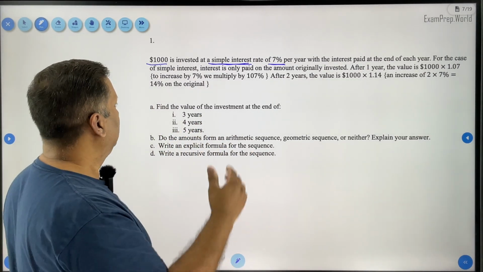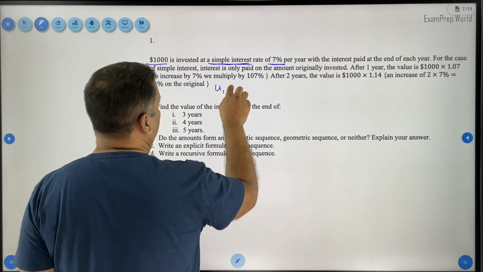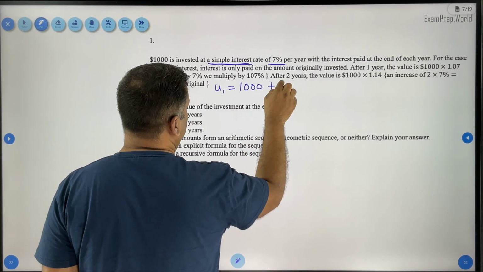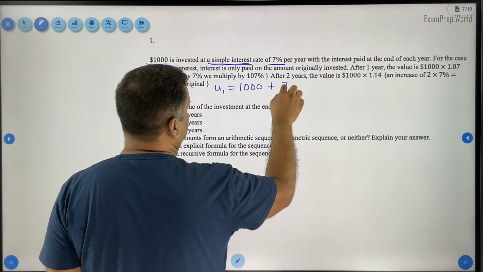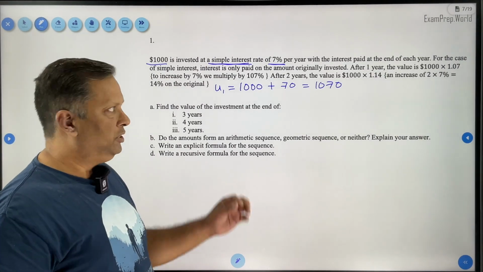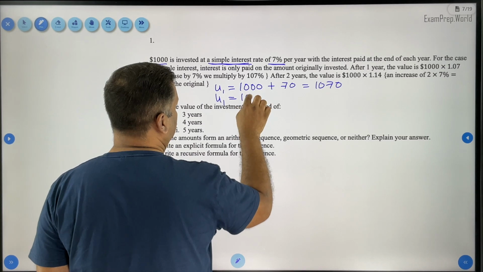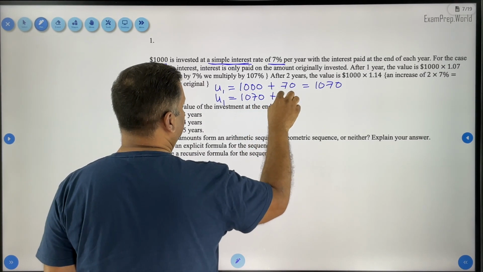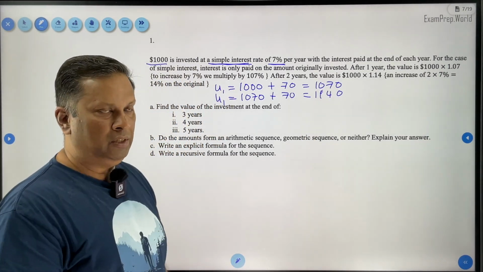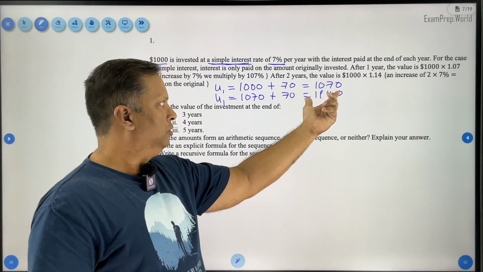Because it's an arithmetic sequence, at the end of the first year how much are you going to get? 1,000 plus 7% of 1,000, which is 70. U1 is $1,070. Next year, U2 is 1,070 plus another 70, which is 1,140.